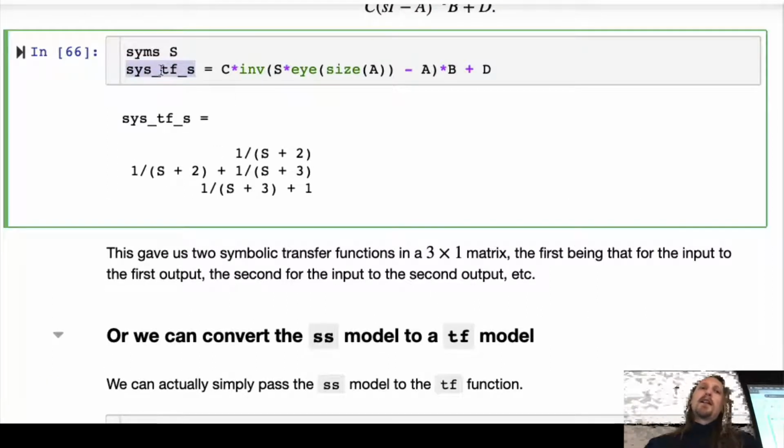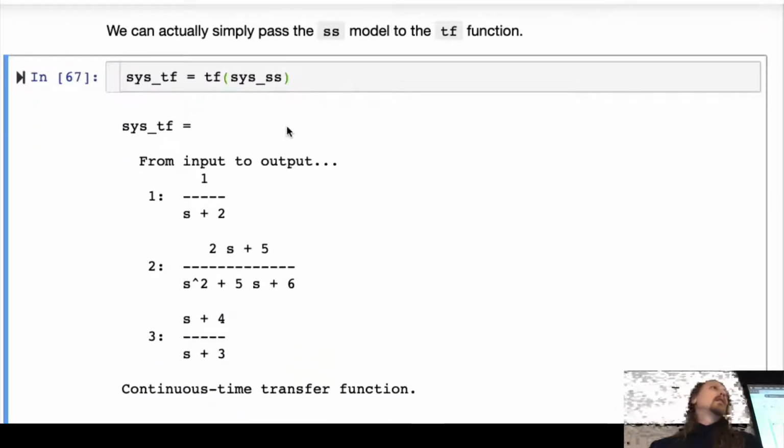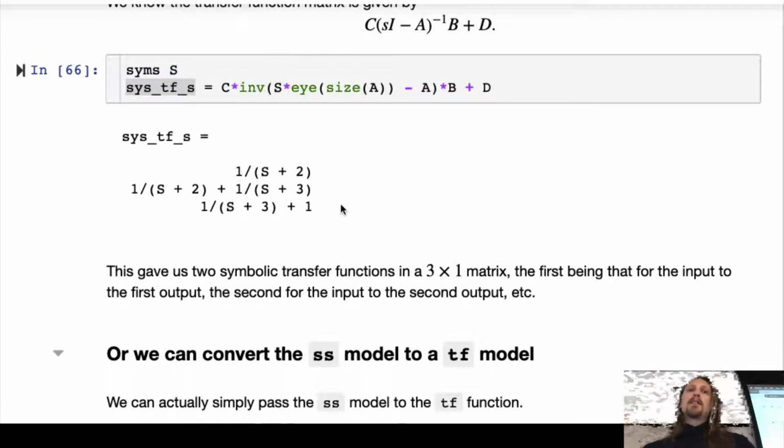Yeah. So this one's giving you a list of symbolic representations of the transfer function, and that might be what you want for a given situation. This one's going to give us TF models. So the symbolic one, you can't simply do something like LSIM on it, for instance.